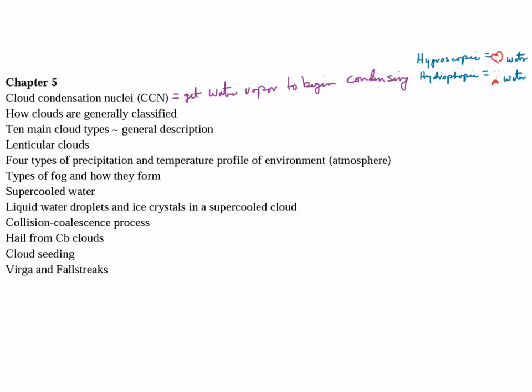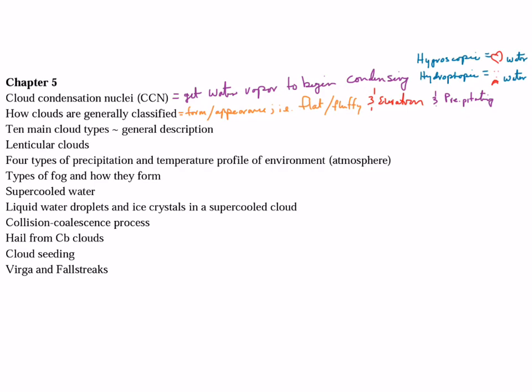And then how are clouds generally classified? I've been talking about flat and fluffy. That's one way to classify clouds. Remember, flat is stratus, fluffy is cumulus. That's sometimes called form or appearance. Another way is elevation. We have low, middle, and high.